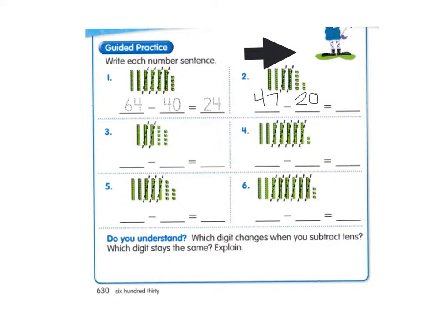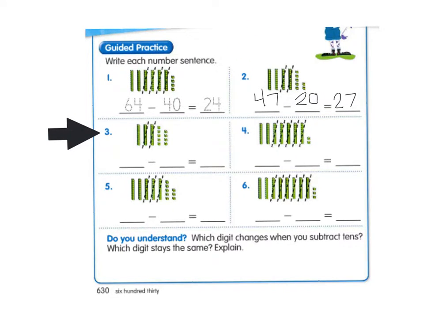Okay. Now, if I go back and count, I have 10, 20, 21, 22, 23, 24, 25, 26, 27. So again, my ones did not change, and I'm going to write 27 because that is my difference on the line.